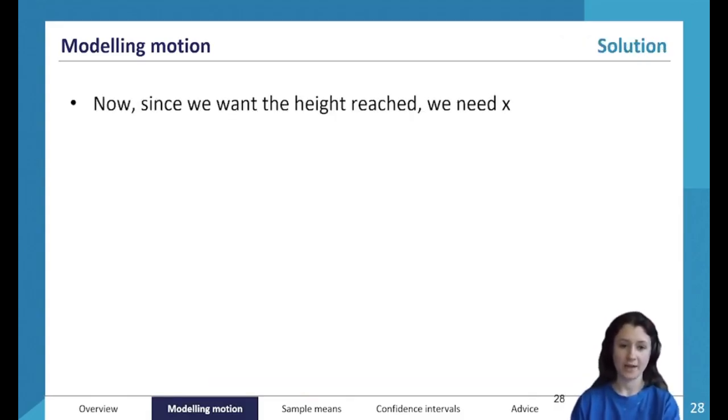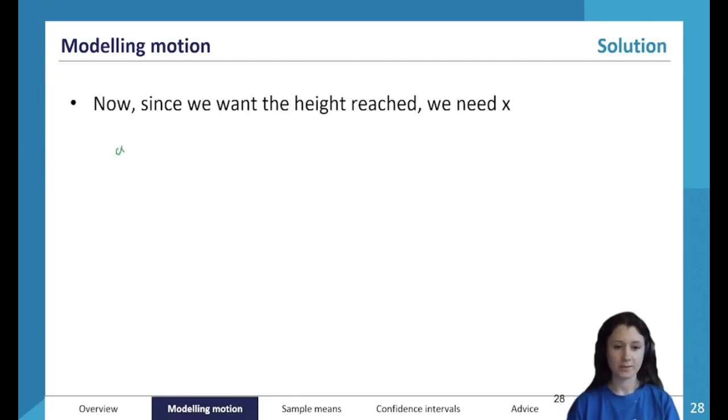I want you guys to have a look back at your formula sheet, see what formulas are on there and have a guess as to what equation we can use here.